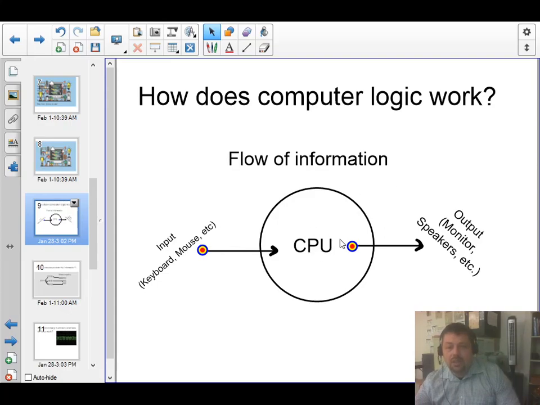And then the CPU is going to do something with that information as defined by its software. And remember, its software is that set of step-by-step instructions that tells it what to do. And then it'll give you some output. That output might be something that shows up on the monitor. It might be a sound that plays through the speakers. Could be a bunch of different things. You know, if you're using a medical device, it might be some vibration that tells the person something's going on or whatever.